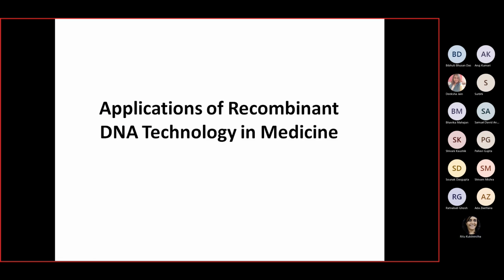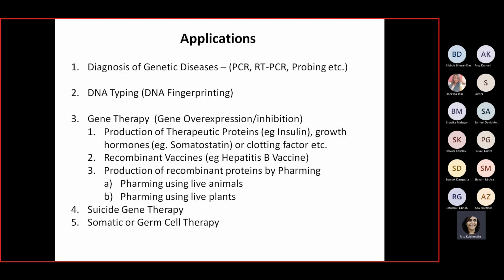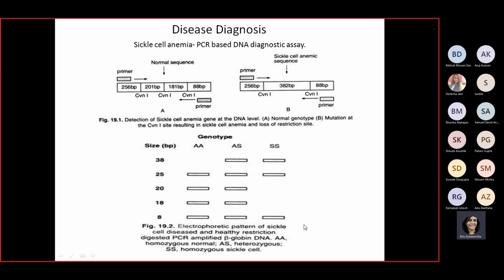So coming to the various applications, I told you that the majority are in the field of diagnostics or therapeutics. I'll be telling you certain examples and certain techniques which are involved in diagnosis. So starting with diagnosis, the PCR technique has been very, very valuable.